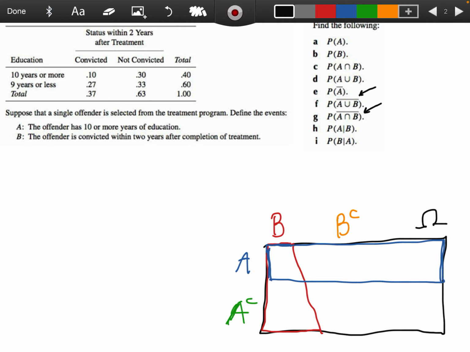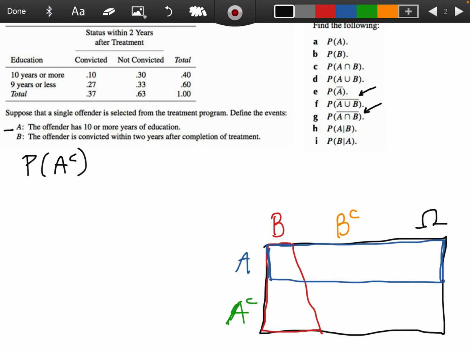And so for E, what we're being asked to do is to figure out the probability of the complement of event A. And remember, the event A is the offender has 10 or more years of education, right?